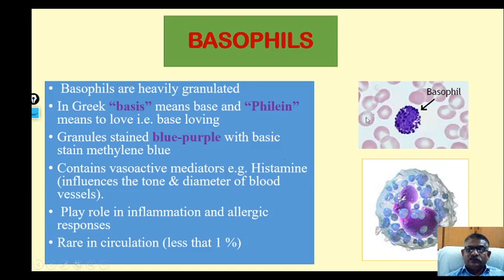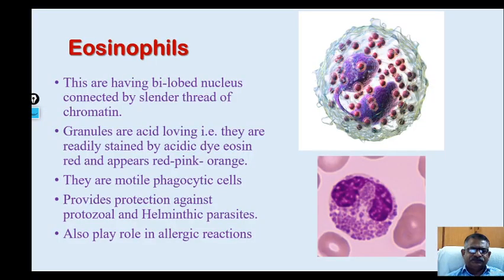In allergic response, it is the basophils and the mast cells which are more prominently involved, because they contain vasoactive amines, and these have the ability to change the tone and diameter of the blood vessel, resulting in hypersensitive reactions in a sensitized person. It is very rare in circulation, hardly 0 to 2% at the most, but most of the time it may not be seen.